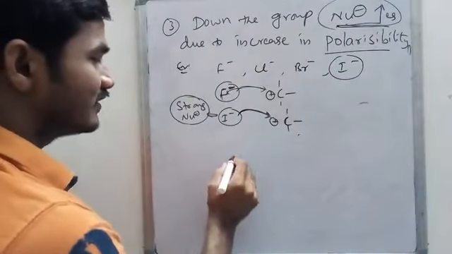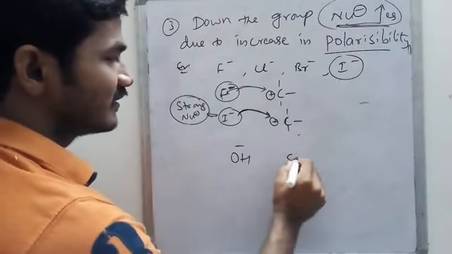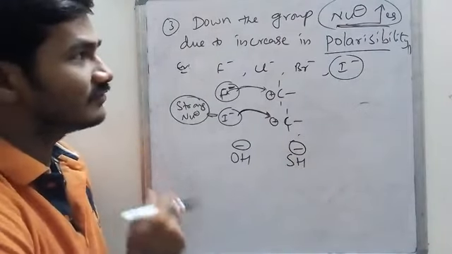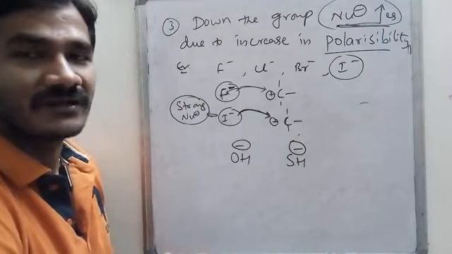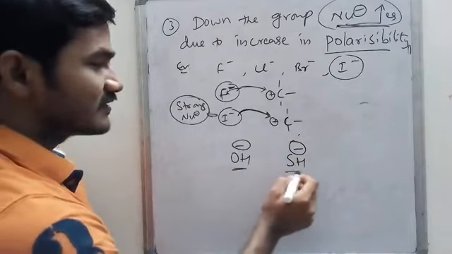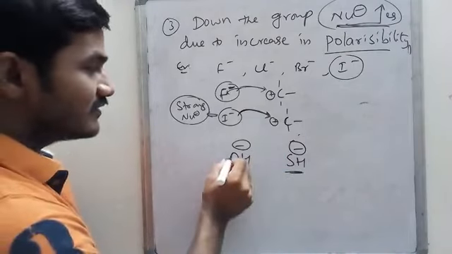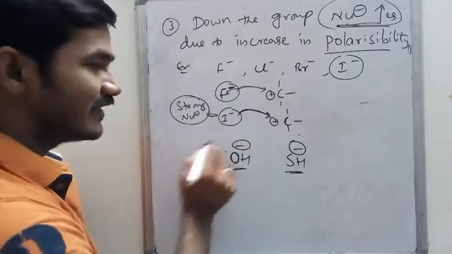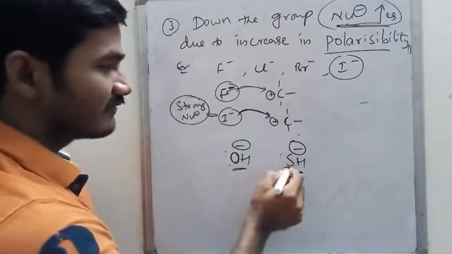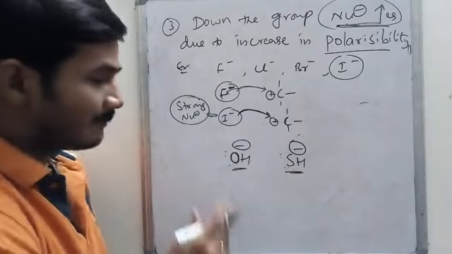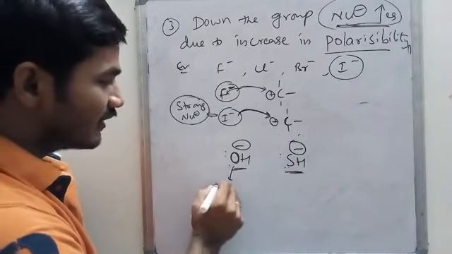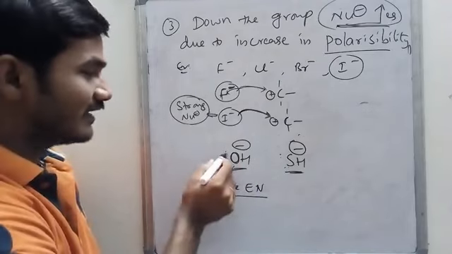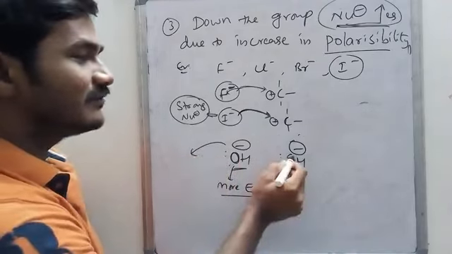If I take OH minus and SH minus, among these two, which is said to be a good or strong nucleophile? Oxygen is a more electronegative atom. It has a pair of electrons and a negative charge. Sulfur also has a pair of electrons and a negative charge, but oxygen is more electronegative. A more electronegative atom cannot easily share the electron compared to sulfur.